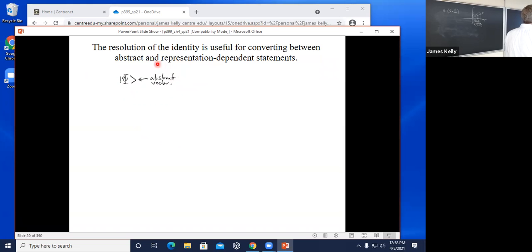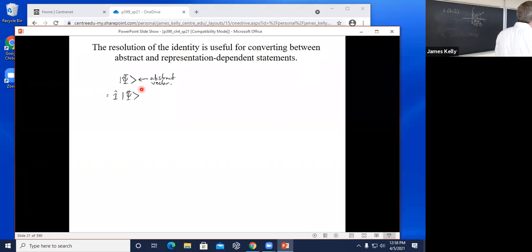In order to specify a vector, usually we have to give it in a particular representation, right? If I want to tell you what state a particle's in, I can't just say, hey, it's in a state, and I give a Dirac ket like this. That gives almost zero information other than a symbol we're going to call it by. You would have to give some psi of x or something like that in some representation to communicate the information.